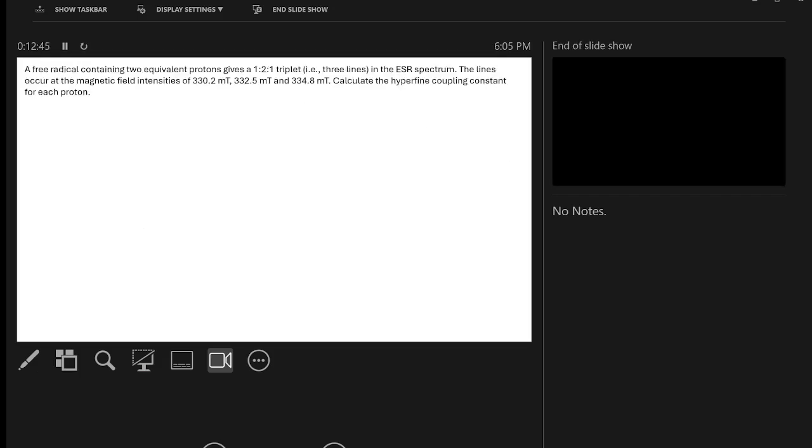Now coming to the next question. A free radical containing two equivalent protons gives a 1:2:1, 3 lines in the ESR spectrum. The lines occur at these magnetic field intensities. Calculate the hyperfine coupling constant. So we will draw the spectra here. So 1:2:1.